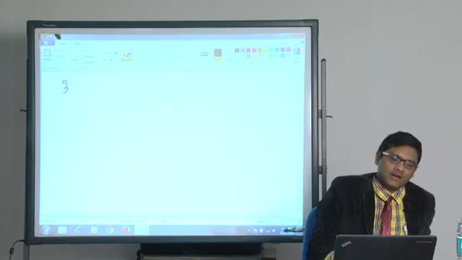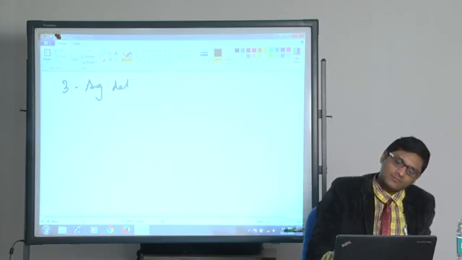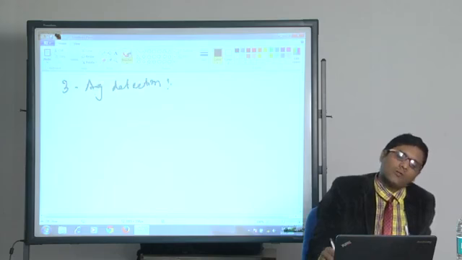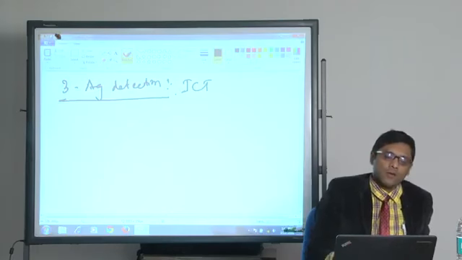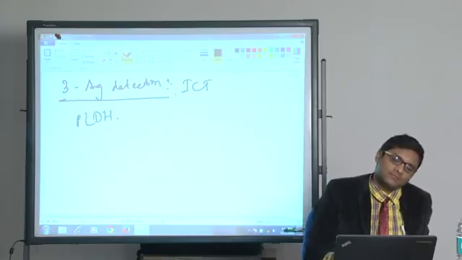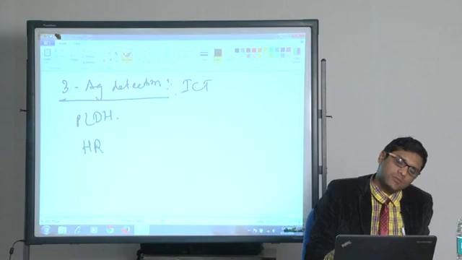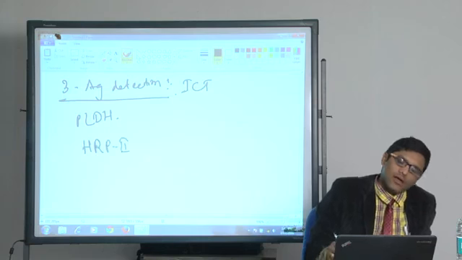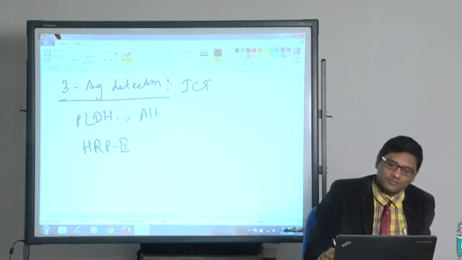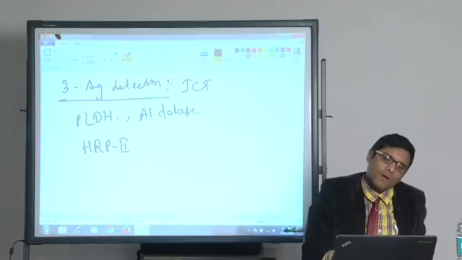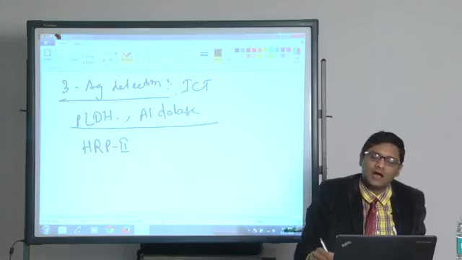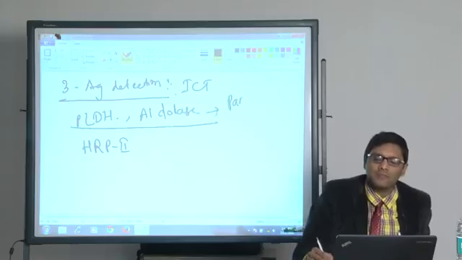Then antigen detection. Third is antigen detection by doing immunochromatographic test. Here they say that you can detect various antigens like parasitic LDH, histidine rich protein 2 and aldolase. Among the three antigens, the LDH and aldolase antigens are pan-malarial antigens.